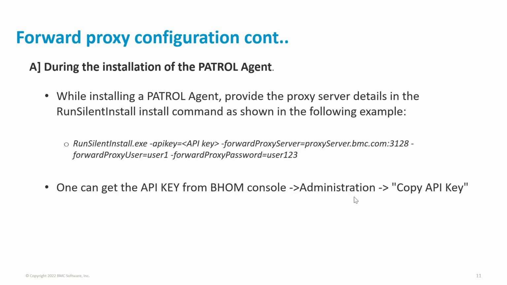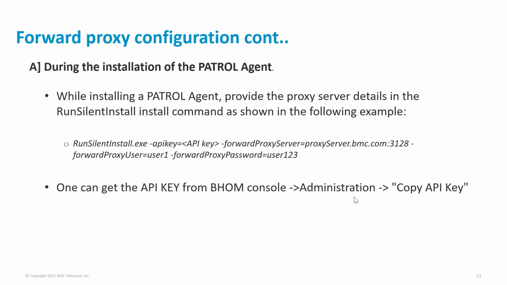Copy the package on the server machine, unzip the package and move to the BMC product directory. Now run the silent installation utility with the options API key, forward proxy server, forward proxy user, and forward proxy password. Now let's discuss the options we are providing with the installation utility.